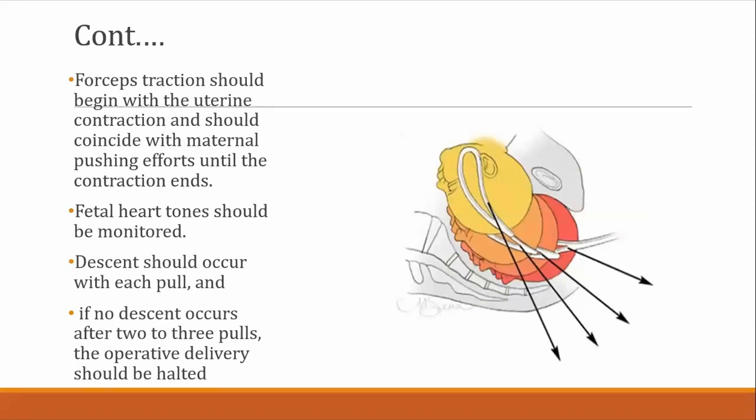The traction should begin with a uterine contraction, and it should coincide with the maternal pushing effort. During this time, the fetal heartbeat should be followed, and the descent should occur with each pull. And if no descent occurs after 2 or 3 pulls, the operative delivery should be halted and declared failed.